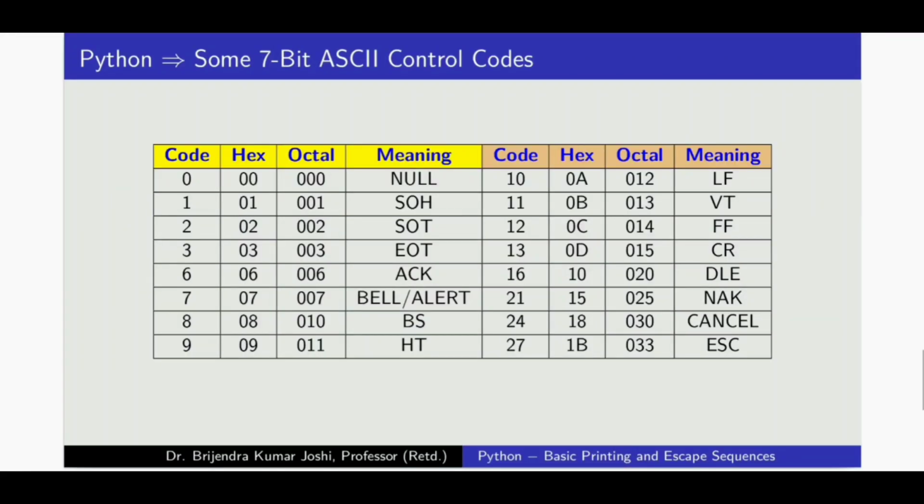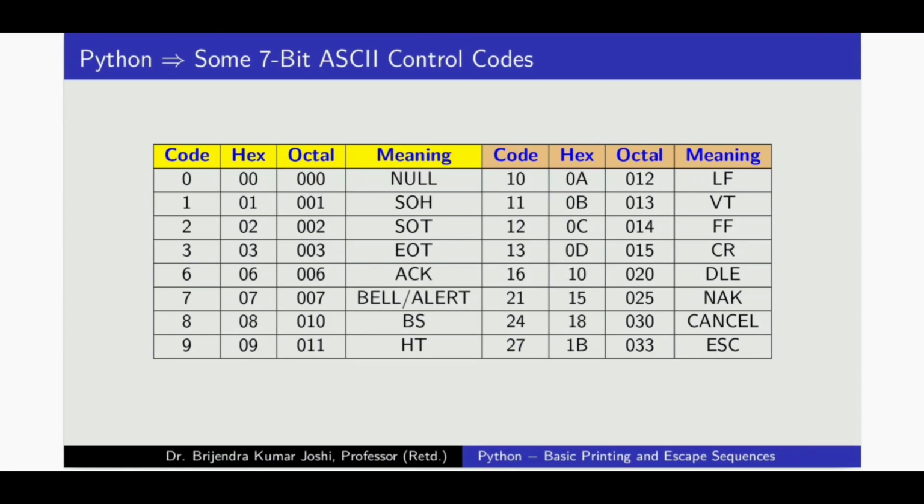Now these are some 7-bit ASCII control codes. All ASCII codes whose values are less than 32 are referred to as control codes, and the control codes have special meaning. Their value is less than decimal 32.